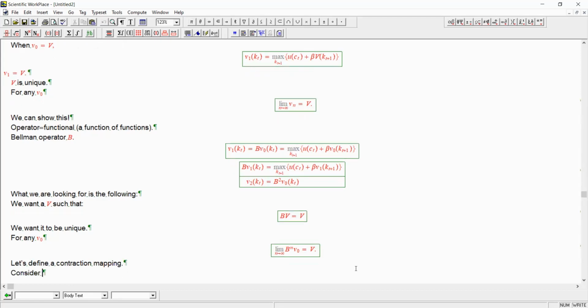Consider a complete metric space S with distance function rho. Basically, what this means is we have a space of objects, a set, which is complete. Complete means that any Cauchy sequence converges to a limit that's in the space, or any sequence of items that get closer and closer together converges to something, and that something is also in the space.